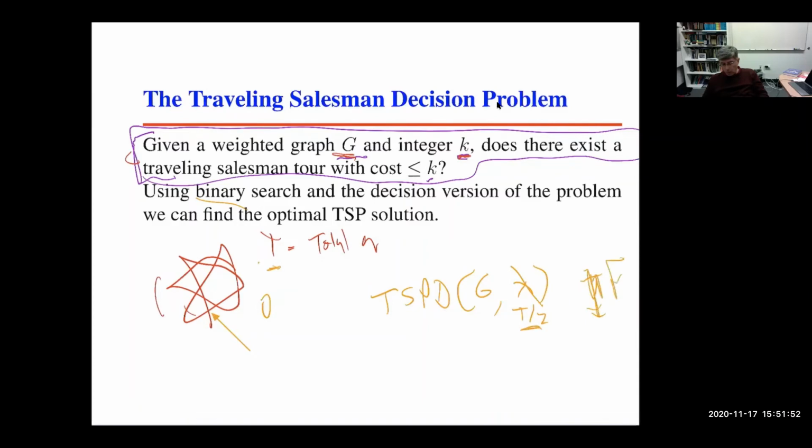If I get a false, the optimal tour is going to be bigger than this. That says there is no tour of size T over 2. That means I have to increase it, and then I would be searching for a tour of size maybe 3T over 4. Does everybody see that by doing a binary search on the range of possible answers, I would be able to use my yes-no problem to tell you the size of the optimal tour? Okay? Any questions about that?